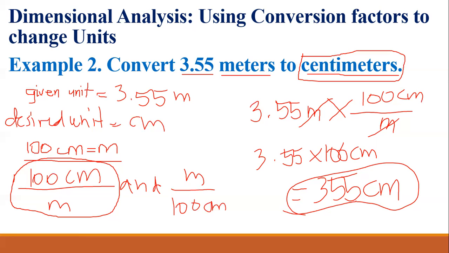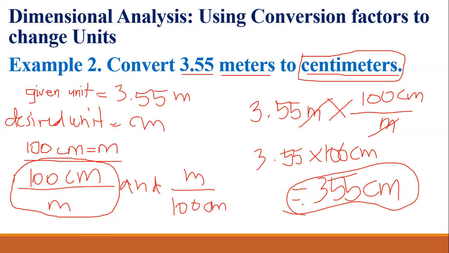So dapat consider kasi hindi naman exact yung given number. As this value has 3 significant figures, the final answer must have 3 significant figures. Kagaya yan, 3.55. Kailangan yung final answer natin, it must also have 3 significant figures.